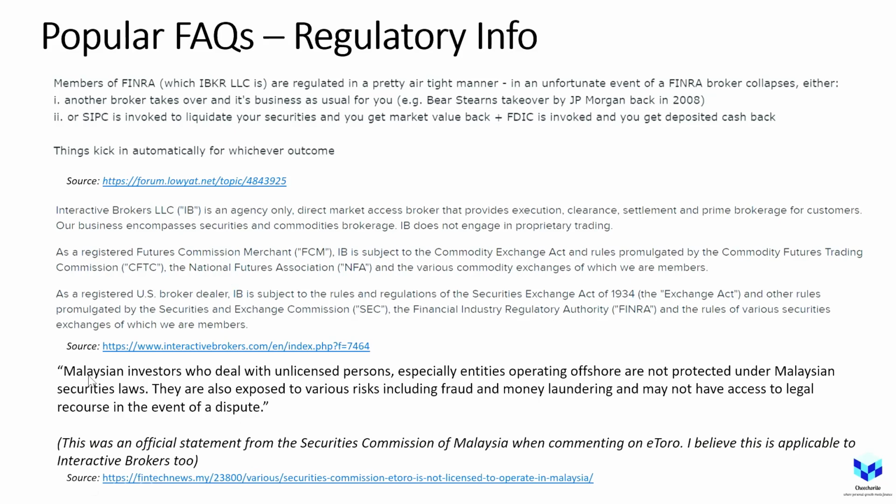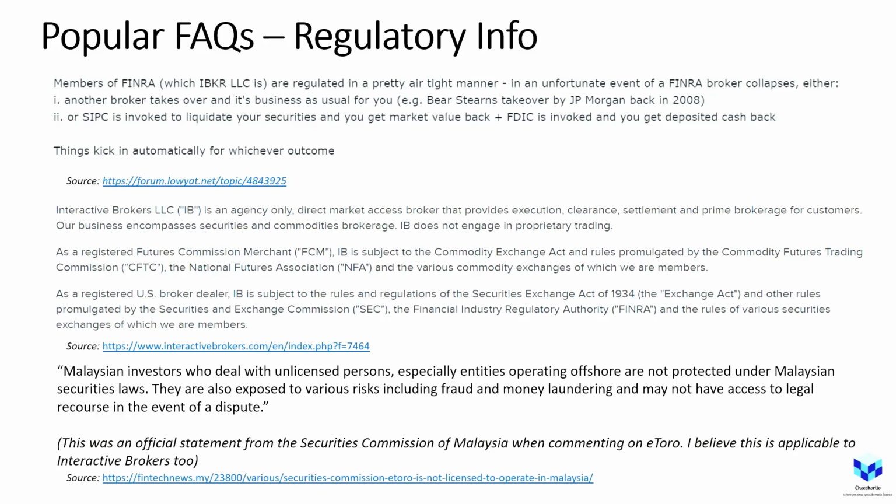And I think one interesting note that one of the forumers mentioned was this official statement from the Securities Commission when someone was asking about eToro, because eToro, if I'm not mistaken, is licensed by one of the European securities commissions. So what they said in the official statement to eToro, but I think is applicable here, is that Malaysian investors who deal with unlicensed persons, so in this case IB as well, especially entities operating offshore, are not protected under Malaysian securities law.